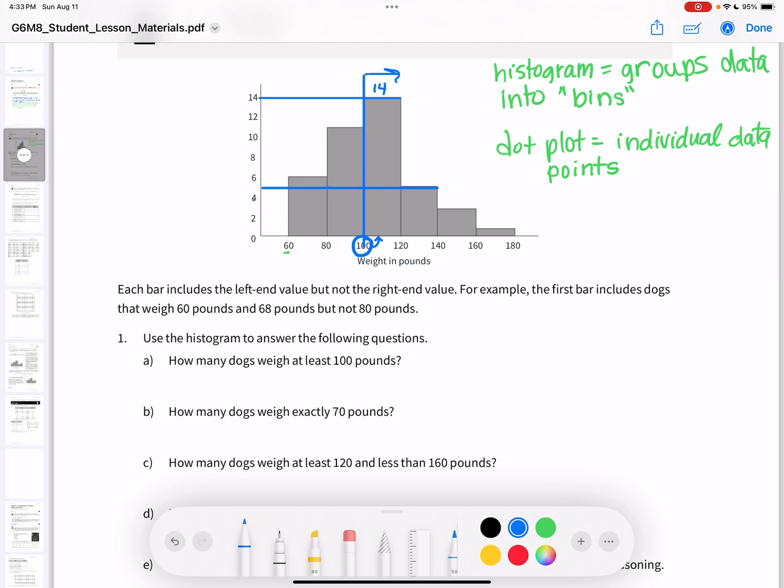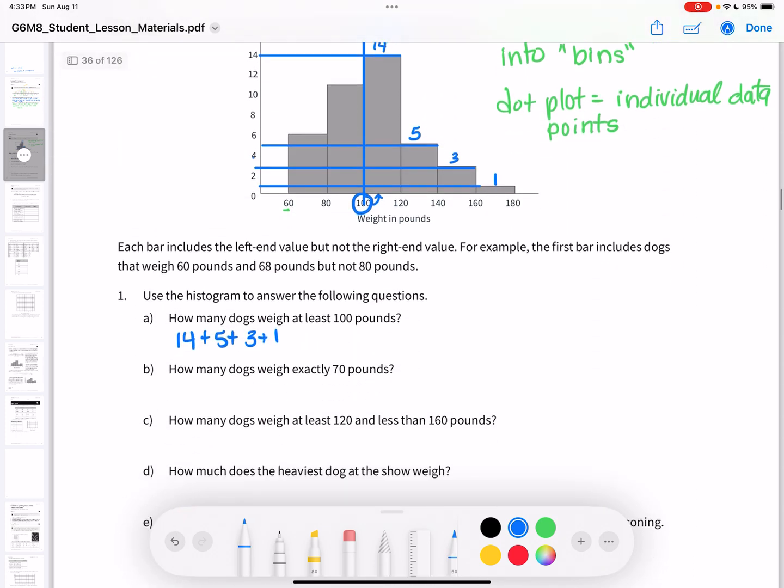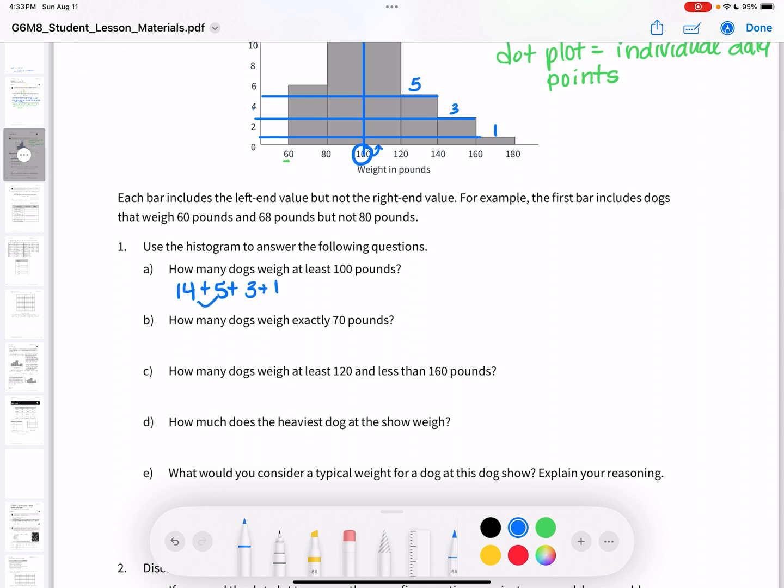That's between 4 and 6, so I would say 5. How about this one? That one is 3, and then this one is 1. So to answer A, we're going to add up all of those numbers. So 14 plus 5 plus 3 plus 1. Woo. So we have 19 plus 3, 22 plus 1 is 23. So there are 23 dogs that are at least 100 pounds.